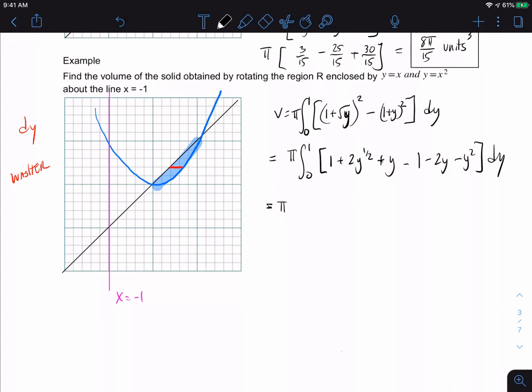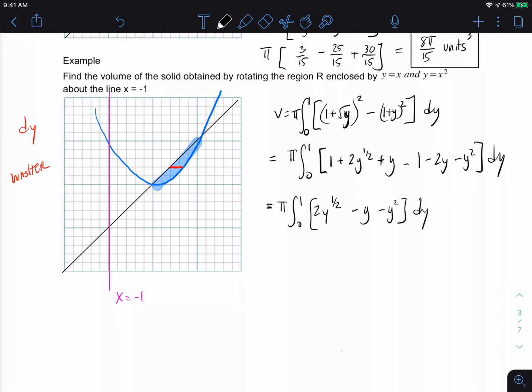We can clean that up. So from 0 to 1, I'm going to get 2y to the 1/2 minus y minus y squared. Do you guys agree with that? Okay.